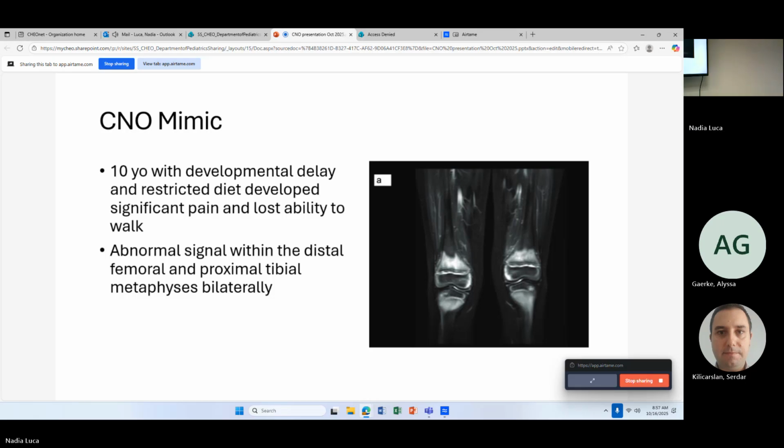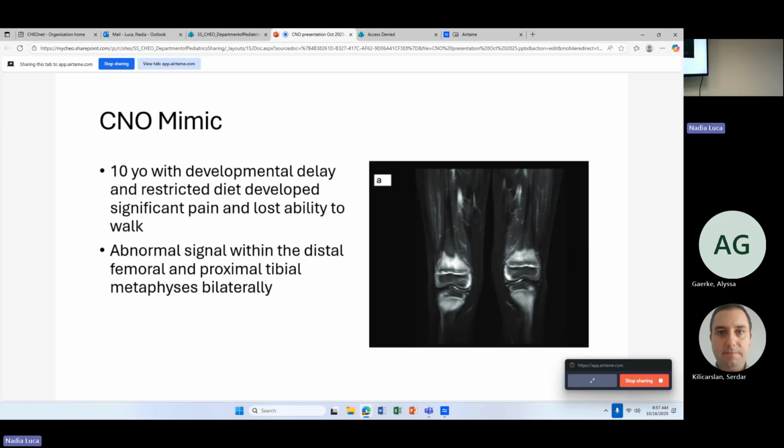So that's what I would say in that situation: run your vitamin C level and start vitamin C. And if that solves all your problems, then they don't need to see us. It might not look classic like this, but they do tend to have abnormal bone signals because of some inflammation.